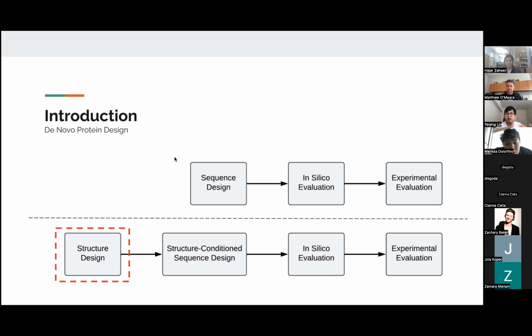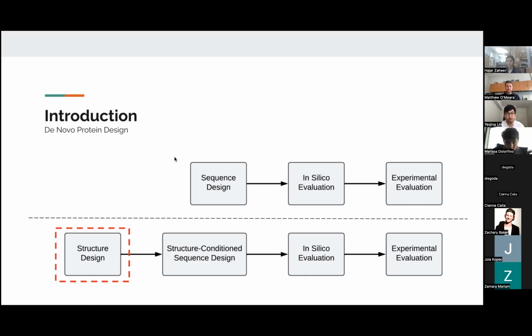The other common approach is the so-called structure-based design approach, because structure is more directly related to function itself compared to sequence. This second pipeline is taken by a lot of the recent approaches, including Genie, RF diffusion, as well as the recently published Chroma. Basically, the idea is to first ignore the sequence to start with.